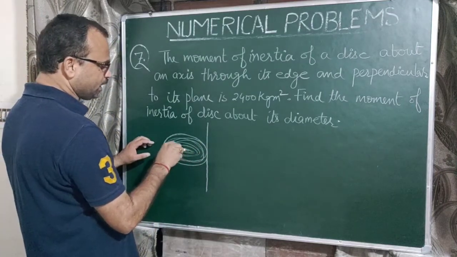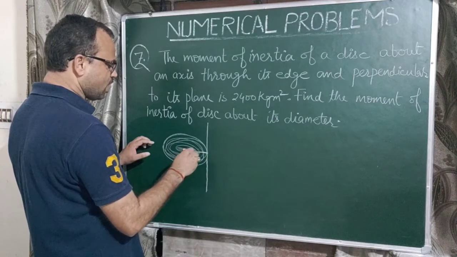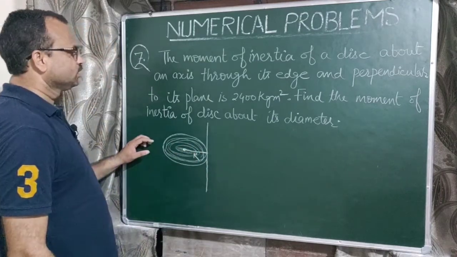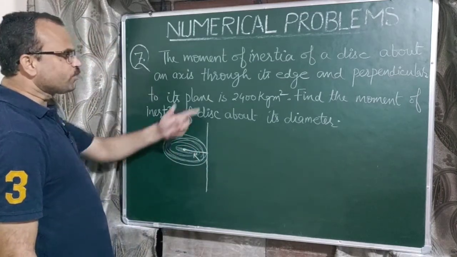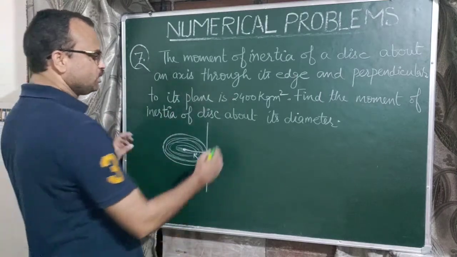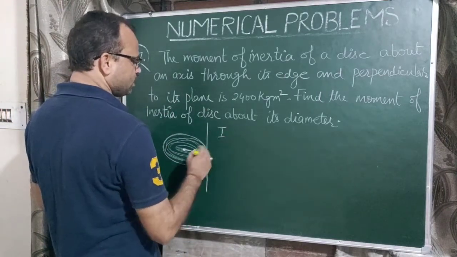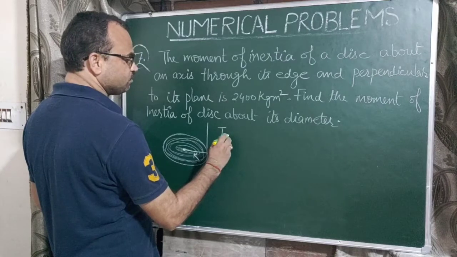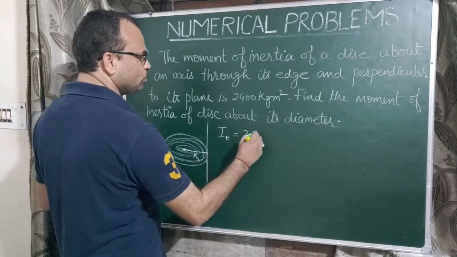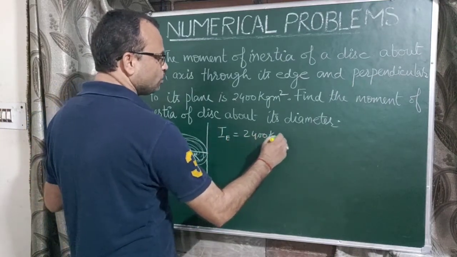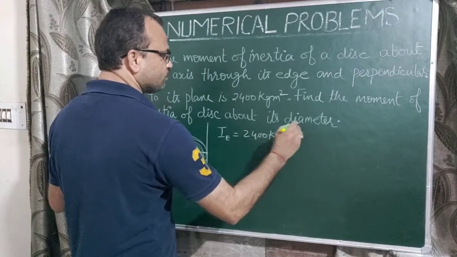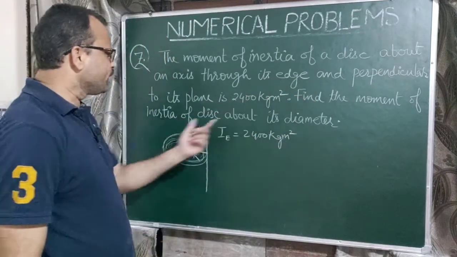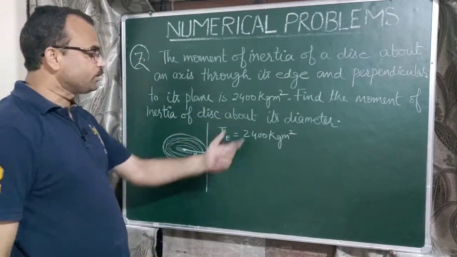Suppose the radius of the disk is r, and its moment of inertia is given about this axis, I_E equal to 2400 kilogram meter square, and we have to find the moment of inertia of the disk about a diameter.